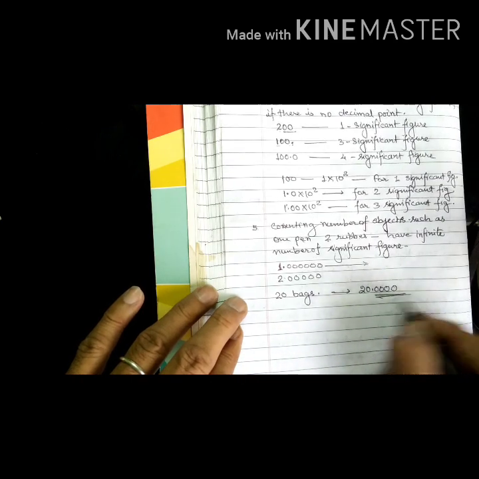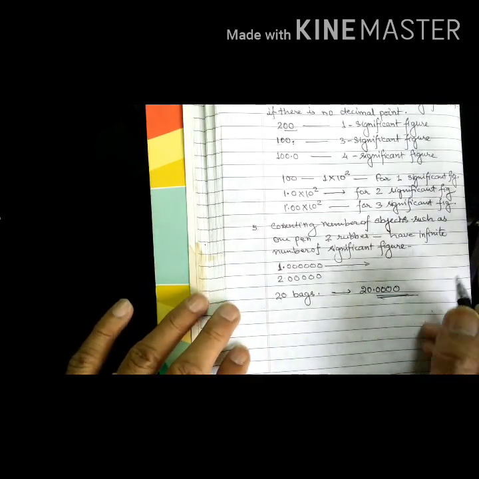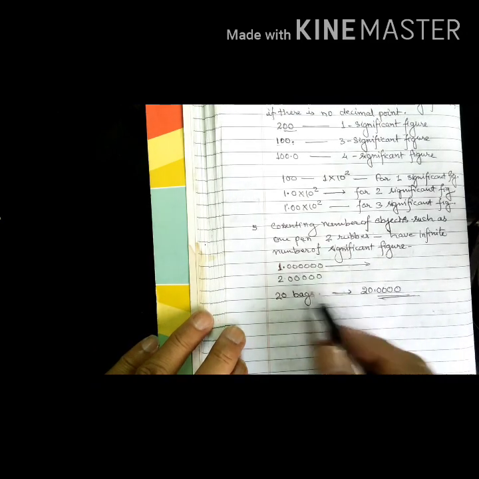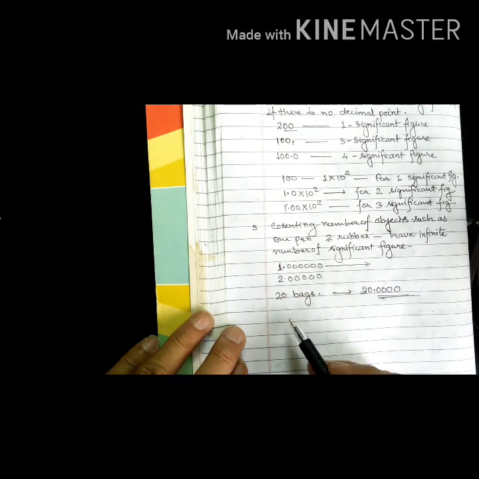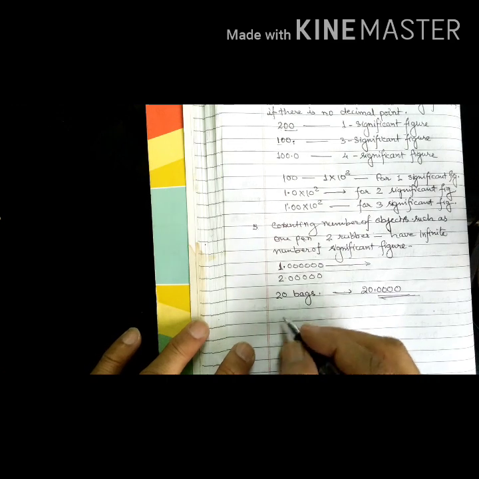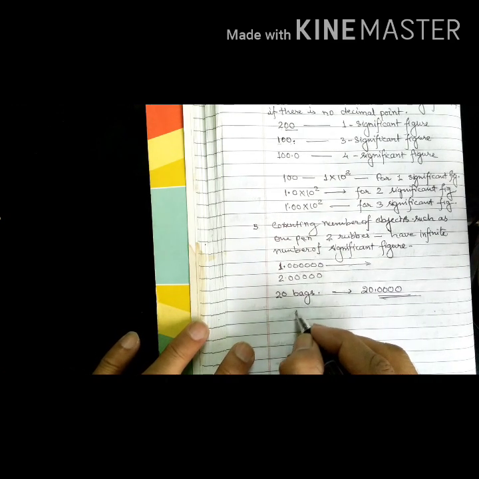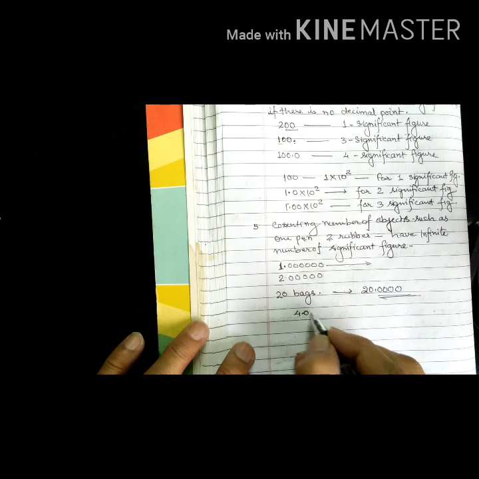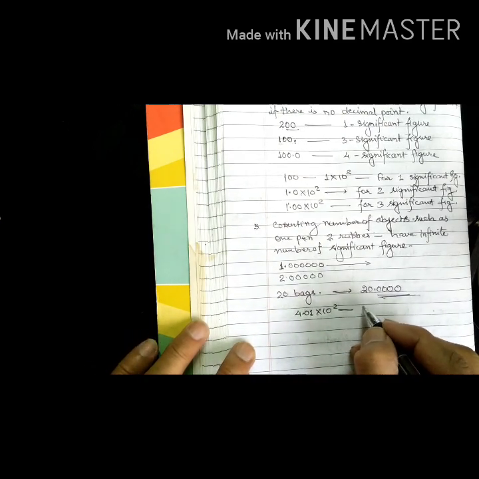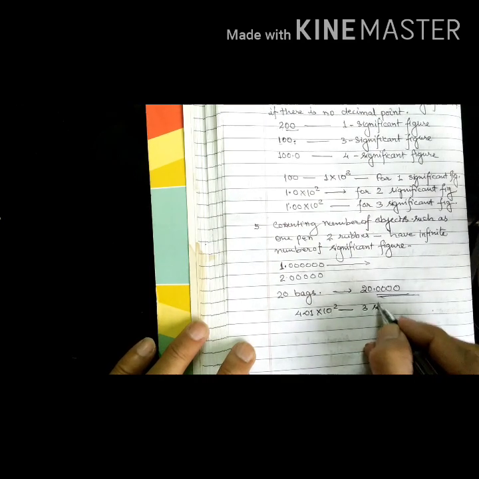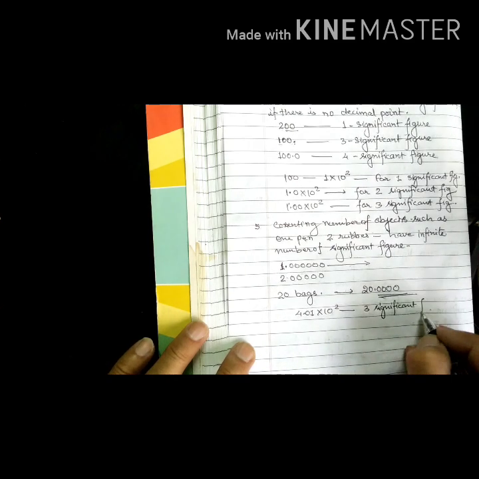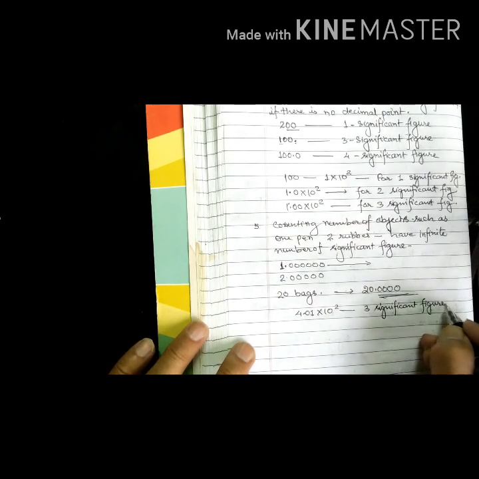So to overcome this problem, we have to write all of these in scientific notation, right. Suppose 4.01 into 10 to the power 2, it has 3 significant figures.